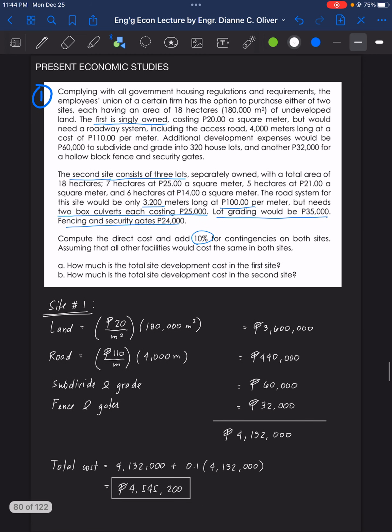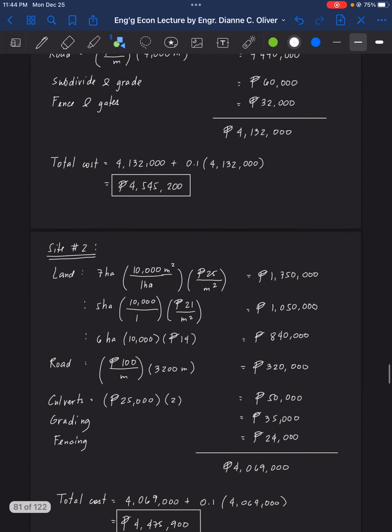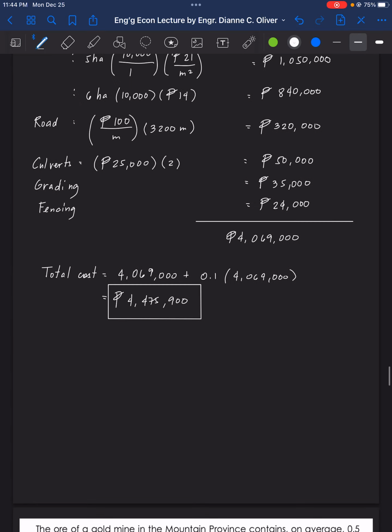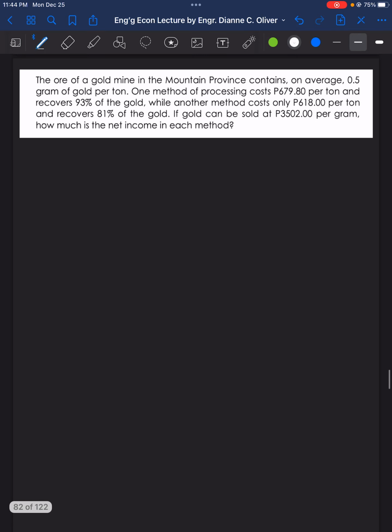Okay, so for site number 1, and then site number 2. Okay, so let's go to problem number 2. The ore of a gold mine in the Mountain Province contains, on average, 0.5 gram of gold per ton.